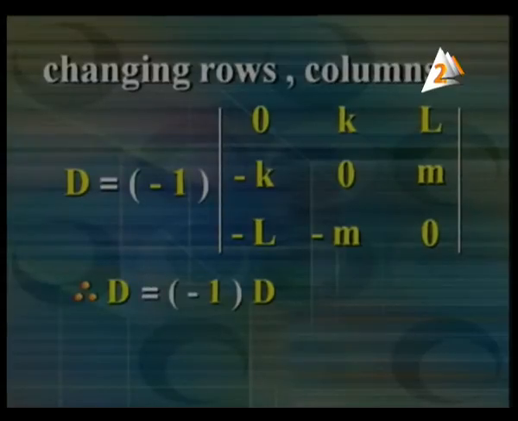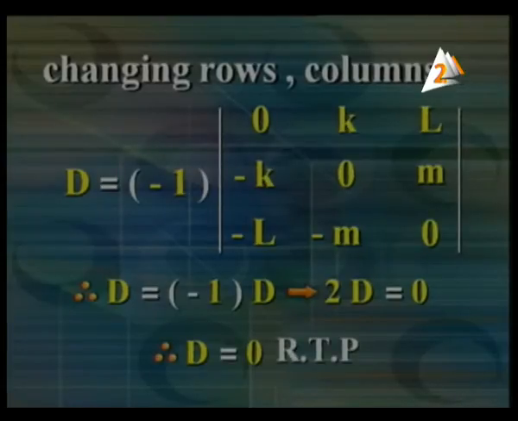The determinant equals negative 1 times D, the first. Therefore, negative D equals D, therefore 2D equals 0. After that, divided by 2, the determinant equals 0, equals the right hand side.